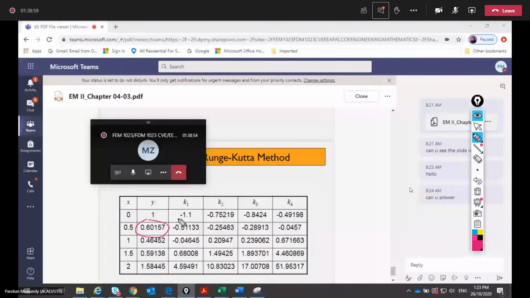Once you have these values, using Runge-Kutta from X0, Y1, you create K1, K2, K3, K4, use these values to find your Y at X 0.5. That is the first attempt. After that, the rest is repetition, meaning you perform the next Y, the next Y, the next Y for all the X in the interval of 0.5.